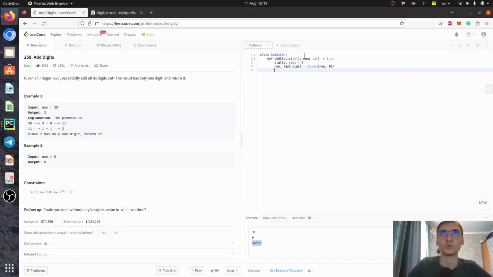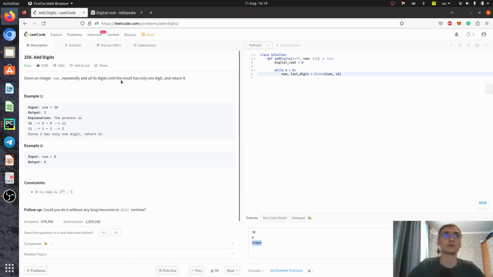And what we have to do, firstly we have to check whether our number is more than 0, because when we are chopping, we have to understand that we walk through all the digits.